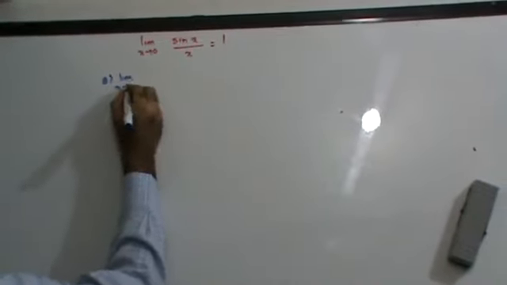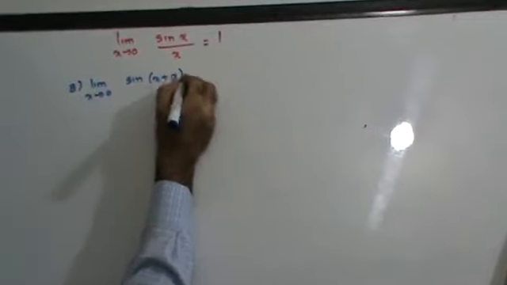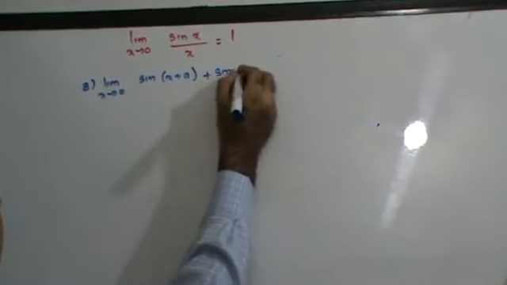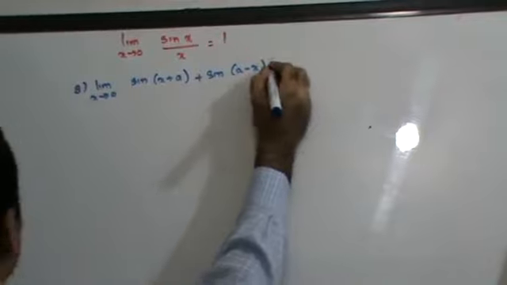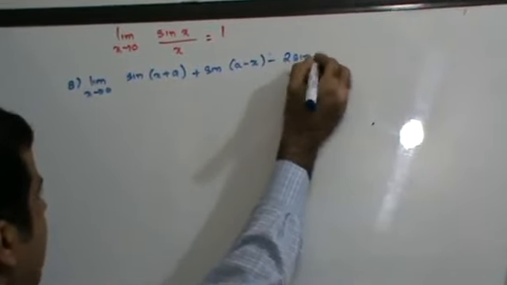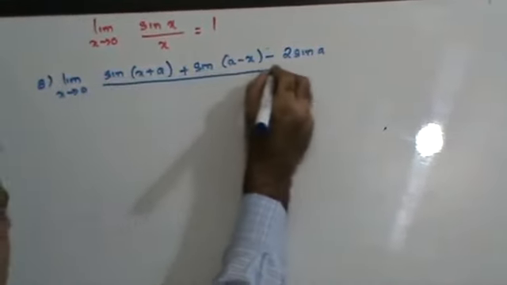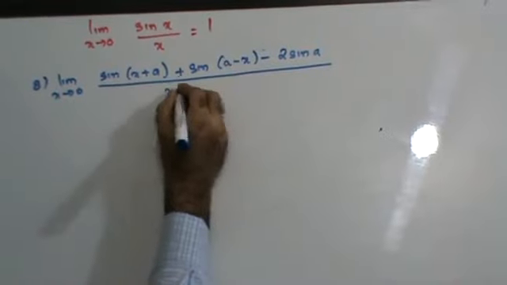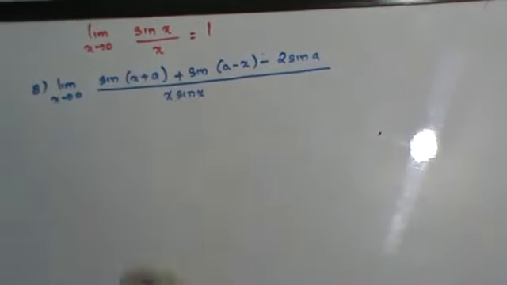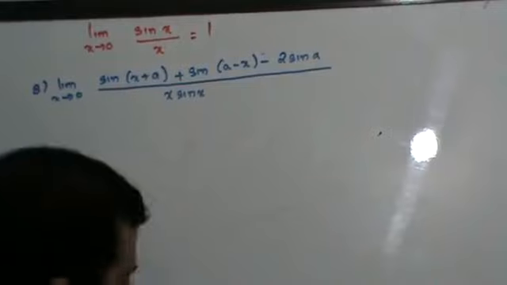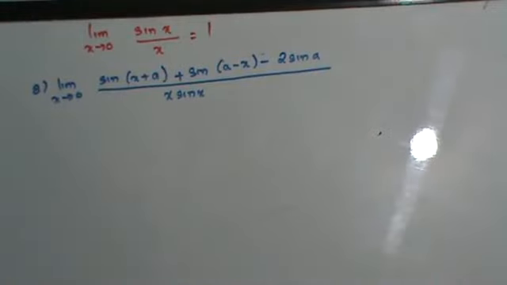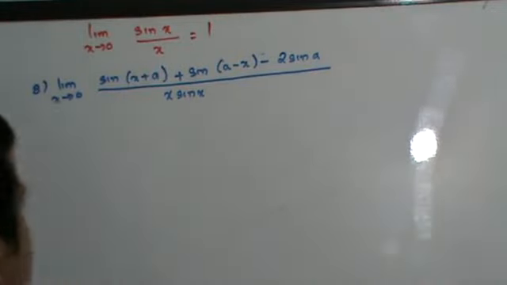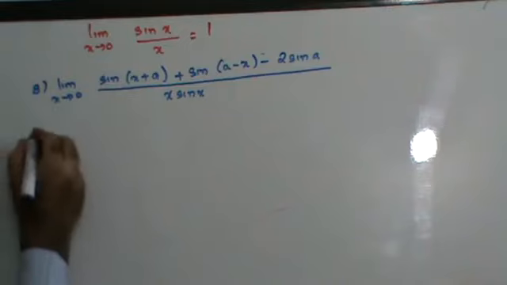Limit of x tends to 0, sin(x plus a) plus sin(a minus x) minus 2 sin a upon x sin x. Okay, nice sum. Let's see how do we do this. You use the factorization formula.